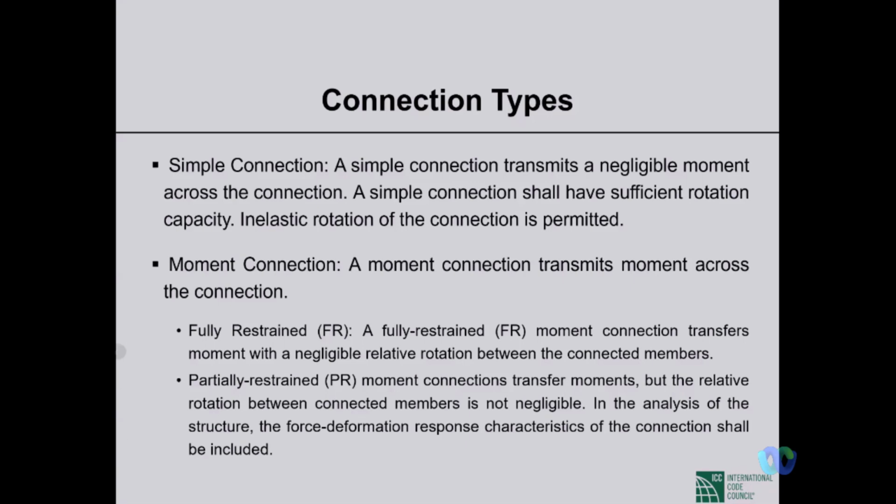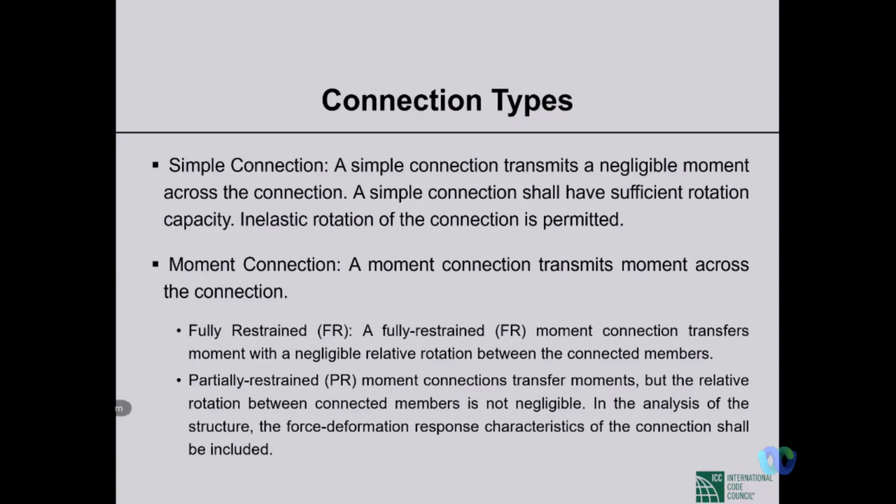Previously in BNBC 2006, the terms were different. Instead of moment connection, it was called rigid connection, and simple connection. So now we call it simple connection and moment connection, number one.